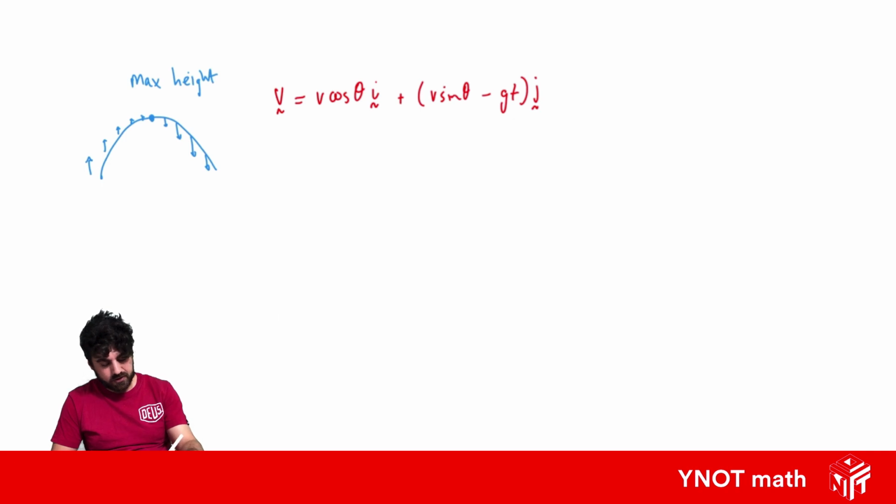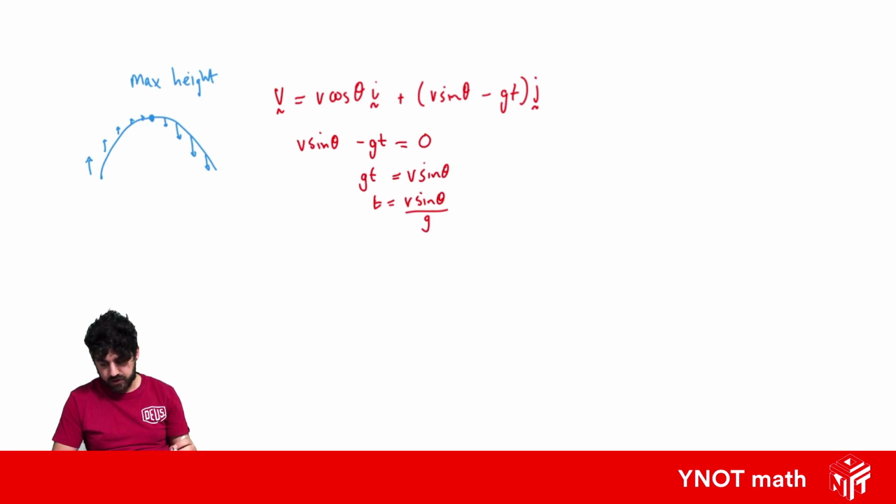So all we have to do is say that v sine theta minus gt is equal to 0, and we make t the subject, so we can add gt to both sides, and then divide both sides by g, so we get t is equal to v sine theta over g. And this will give us the time at which the maximum height occurs.